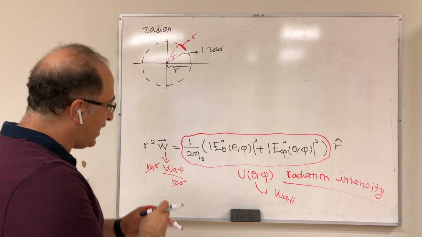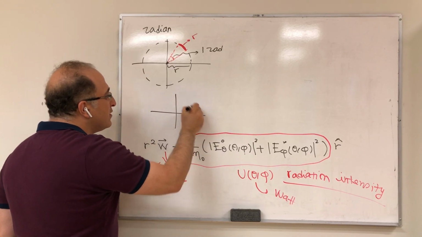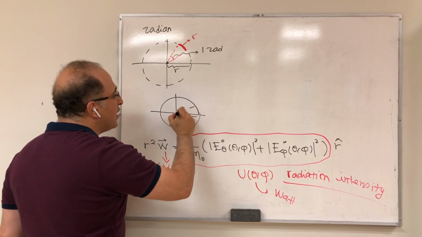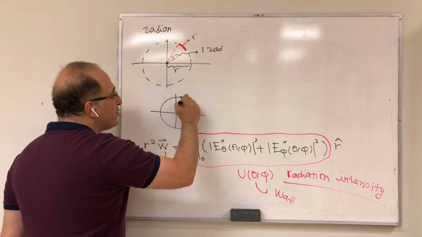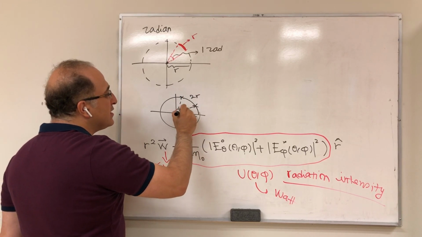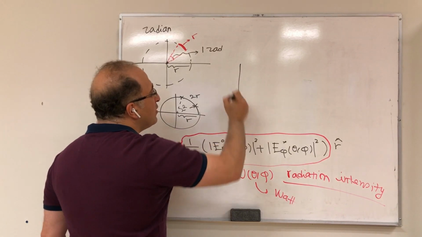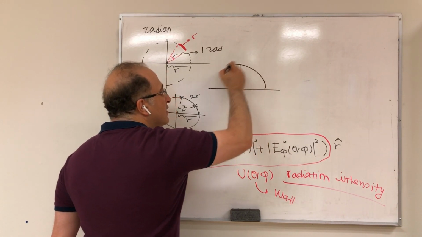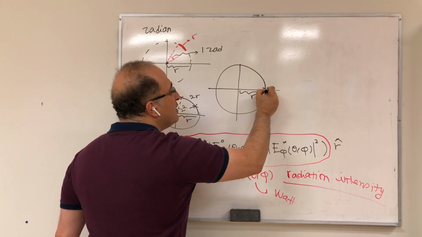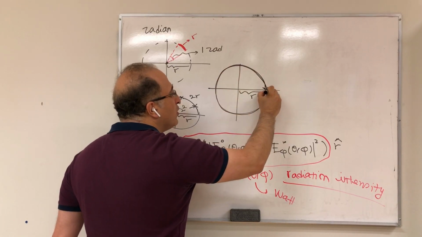Now if I change it, the same thing, this is radius r, and this time I have a curve length which is 2r. Then this is, of course, 2 radian. And I can just continue like that. This time I start from here, and that would be my curve coming back all the way.